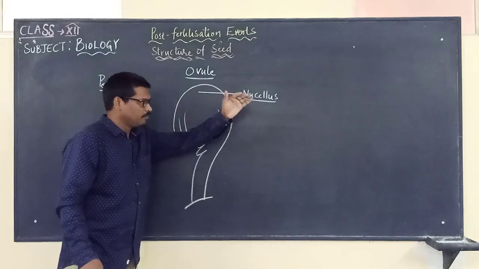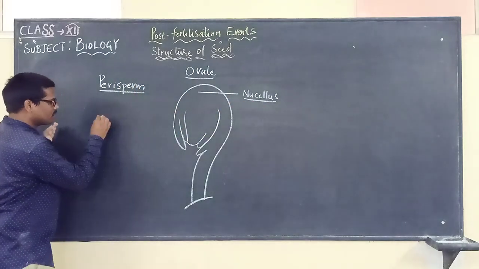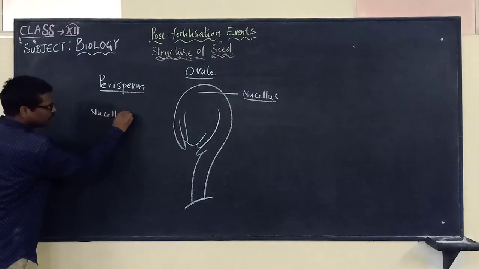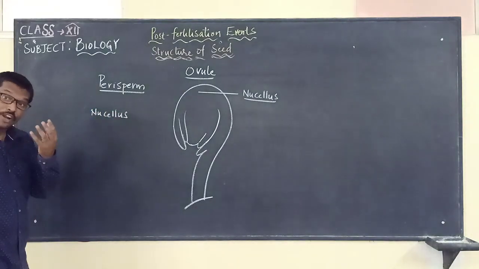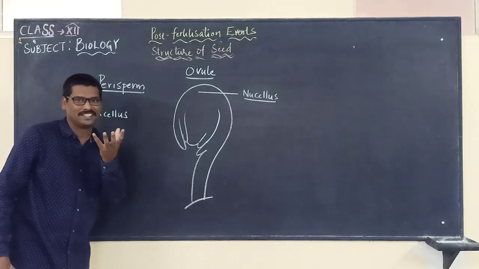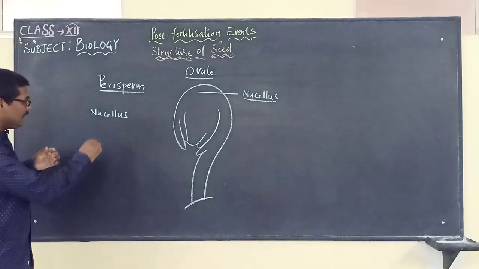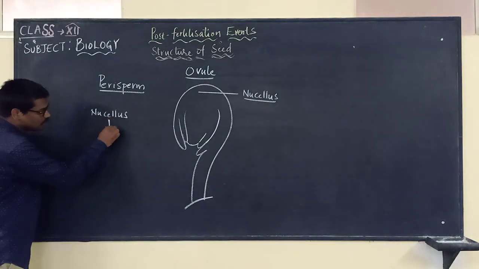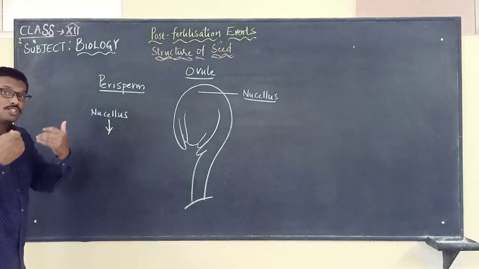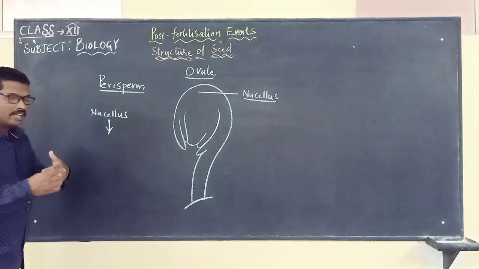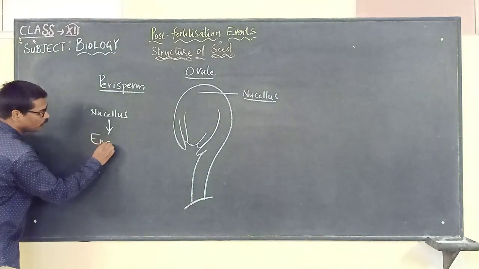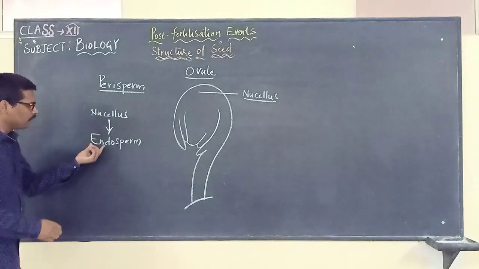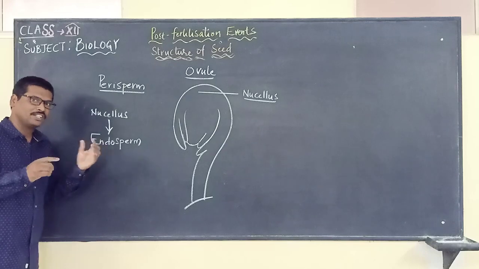Now, these nucellus cells are also rich in food material. It is from these nucellus cells that the food material is absorbed and stored in the endosperm. Follow me carefully. We said endosperm is a nutritive tissue.